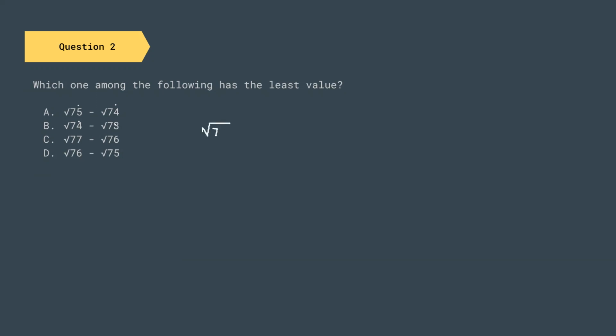We can write root 75 minus root 74, multiplied by root over 75 plus root over 74, divided by root over 75 plus root over 74. This is the process of rationalization.